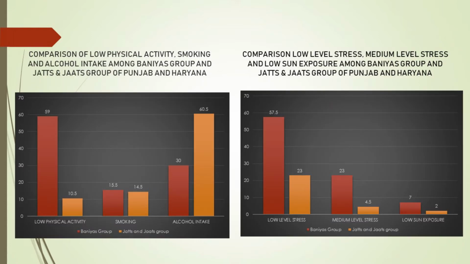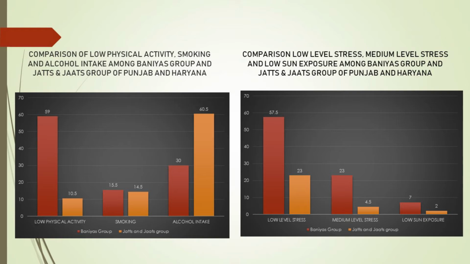Now, if we compare the low physical activity, the smoking and the alcohol intake among Baniyas and the Jats, basically the landlords of Punjab and Haryana, we can clearly see that low physical activity is significantly higher in the Baniya group, and the alcohol intake is significantly higher in the Jats. Similarly, this is a little paradoxical.